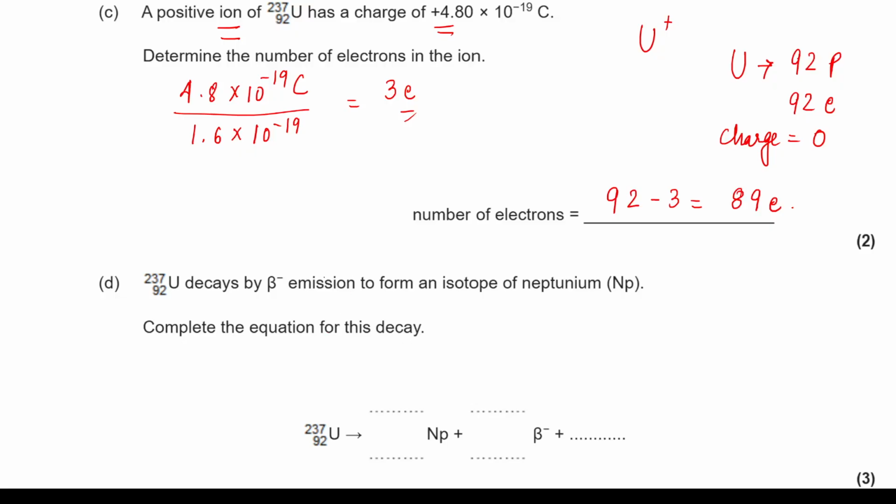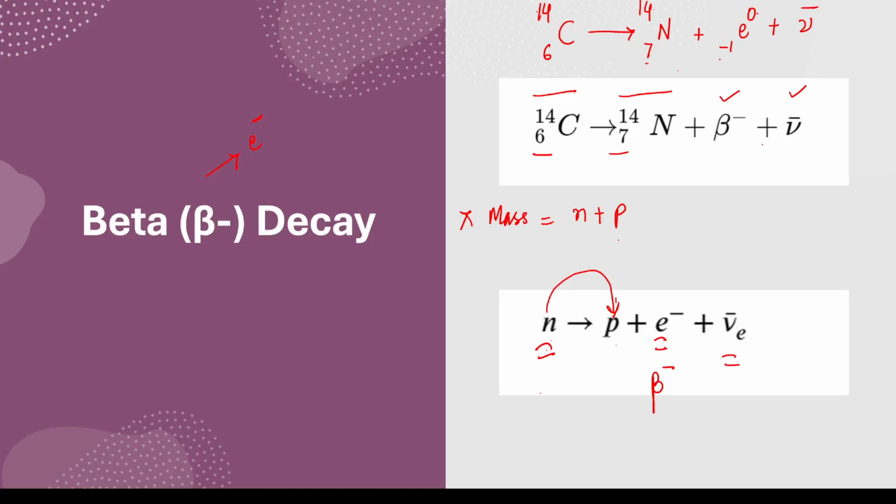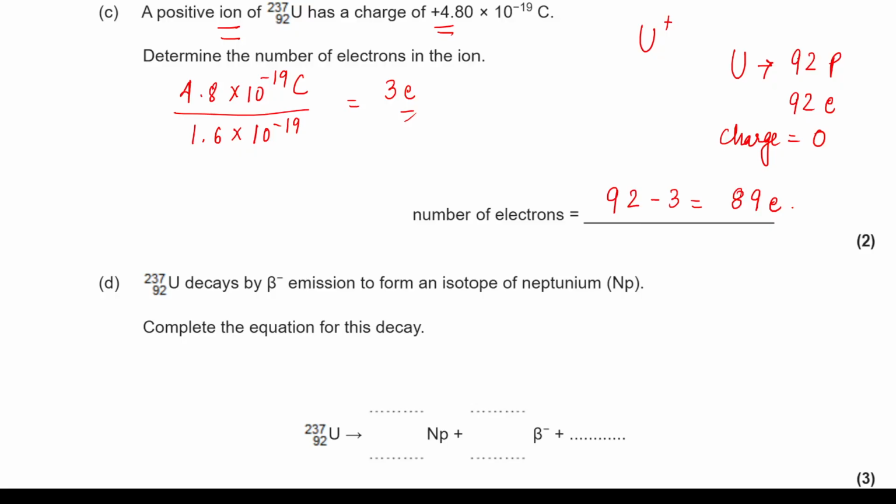Let's do the next one. U-237 decays by a beta minus emission. Complete the equation for the decay. So whenever it's beta minus, you have an antineutrino, the atomic number increases, and the mass number remains the same. This is what you should be doing, going back if you are not getting it. I'm just trying to model the way you should be working.